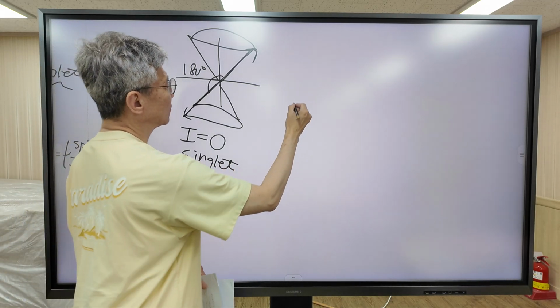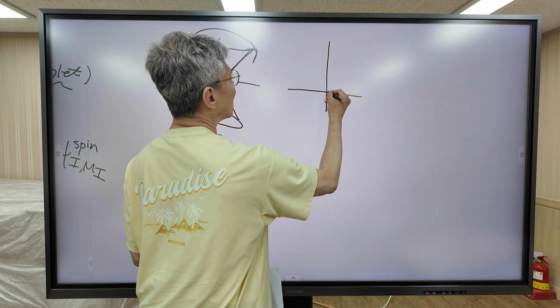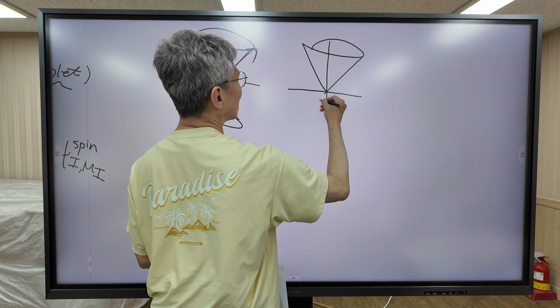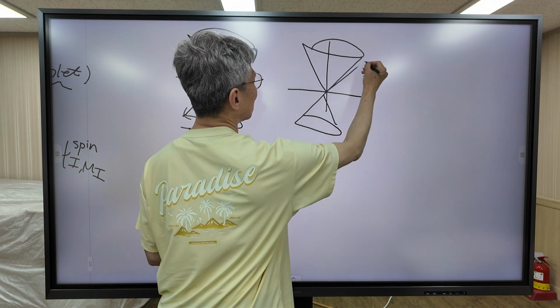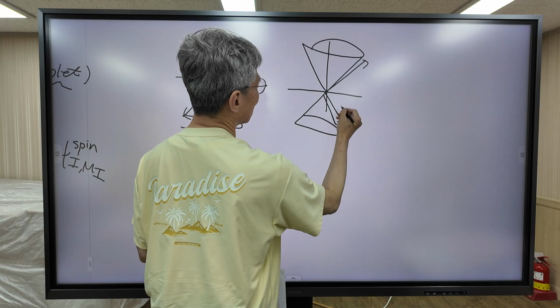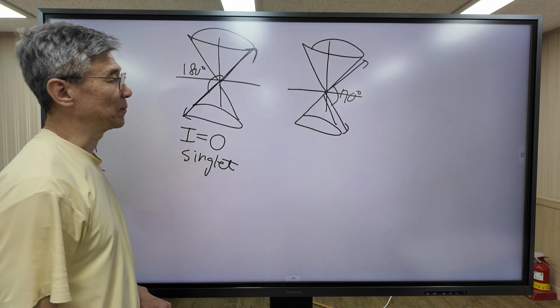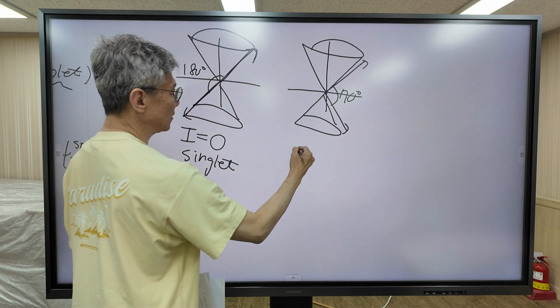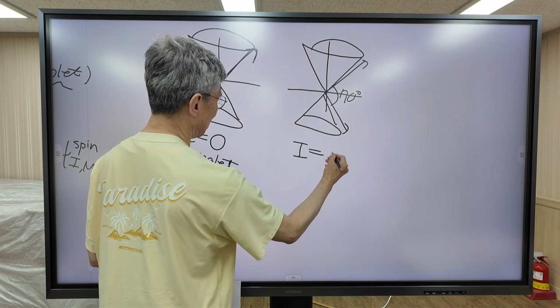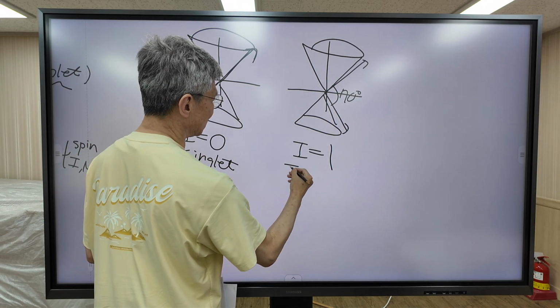And the triplet state looks like this. One spin is up, the other spin is down. The angle between the two spins is approximately 70 degrees. The quantum number for this state is I equal 1. This state is called the triplet state.